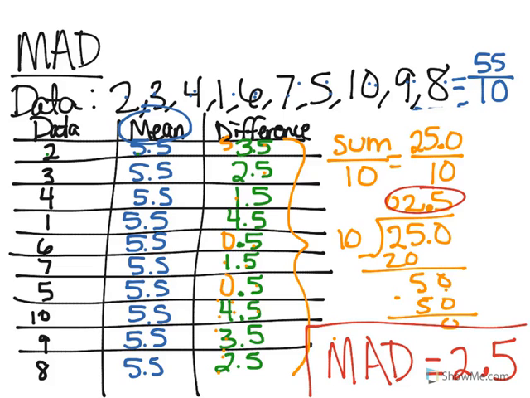My mean absolute deviation is 2.5. My mean was 5.5. Okay? Don't get them confused. They're not the same. The mean is your average of your data. My MAD is the average of my distance.